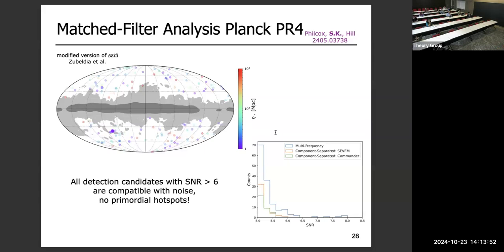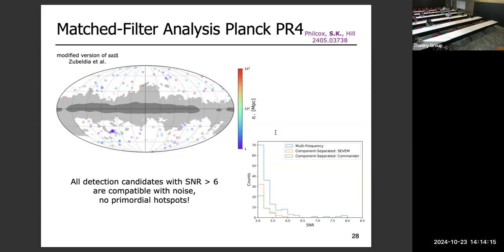I won't be getting into all the details here, but the quick upshot is that the search can be done. In fact, based on one analysis, you can even find several potential hotspot candidates. You can even plot them. You can plot a histogram as a function of the signal to noise.